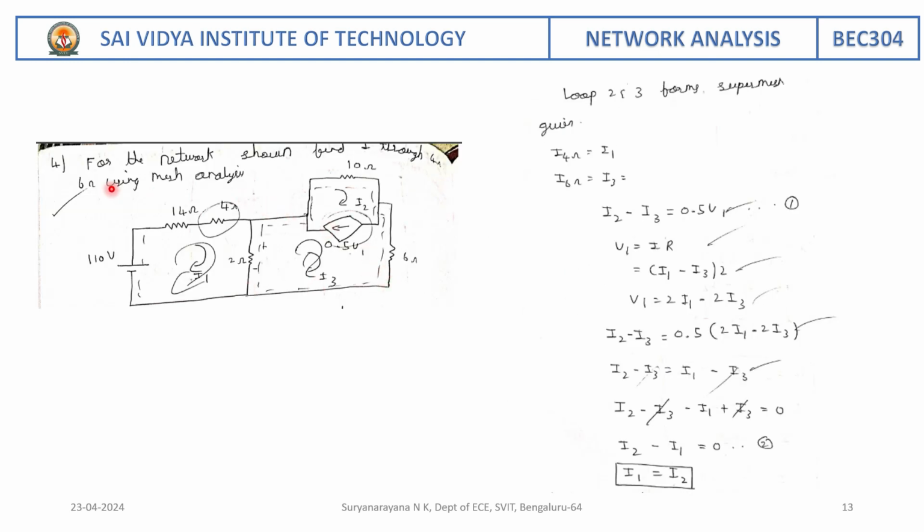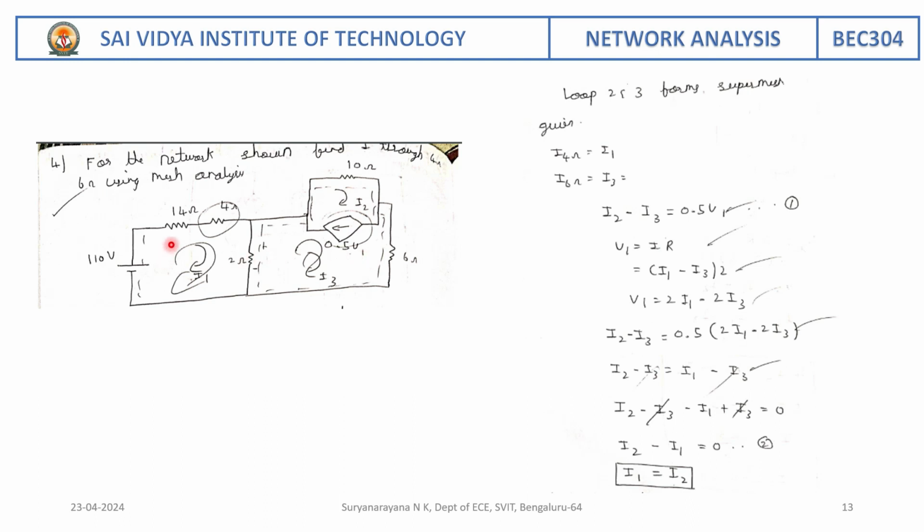So this is the next problem statement. For the network shown, find the current through 4 ohm and 6 ohm using mesh analysis. Now we are going to see there is a current source present between the two meshes. Therefore, these two meshes form a supermesh.